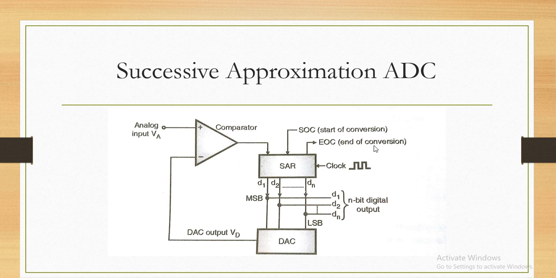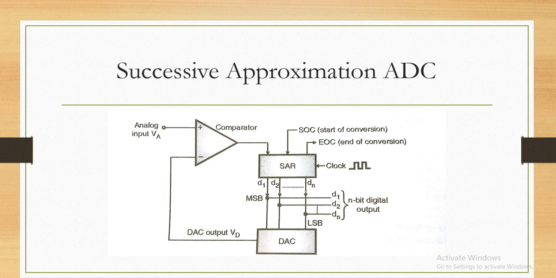When this end of conversion signal is received by the processor or controller, it will fetch the n-bit digital output code for the corresponding analog input voltage, and it is stored by that processor or controller in the memory or system. This is the basic process of using a successive approximation ADC.